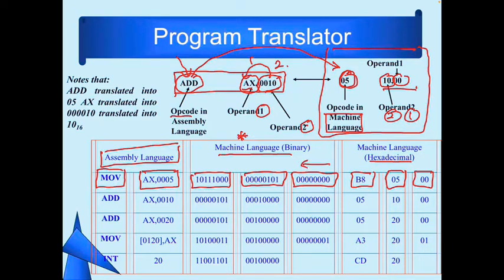So I hope you can understand this, and you do not need to understand how to convert 05 to binary, or AX to binary.